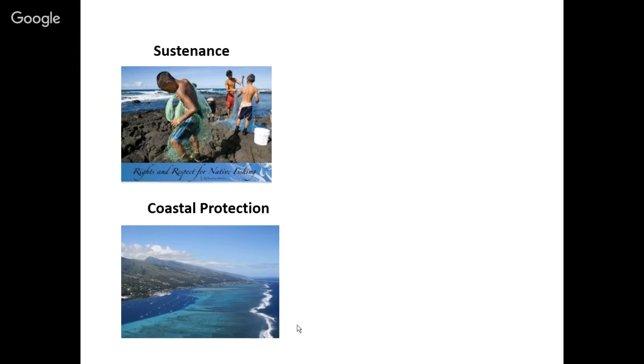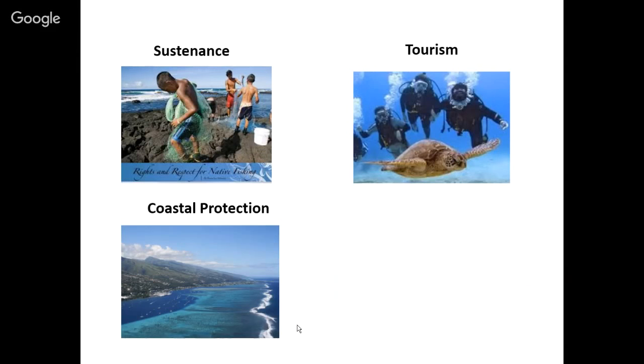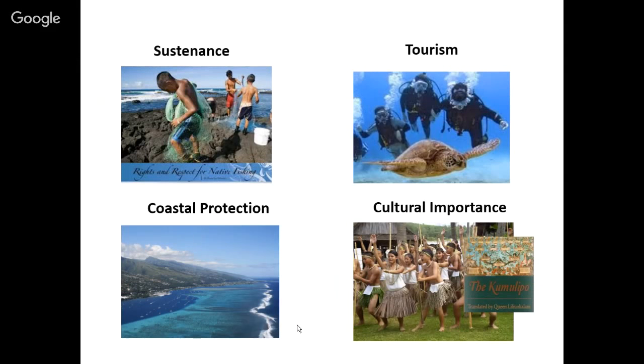If the reef starts to break down and there's no barrier, we're going to have many more problems on our coastlines with increased water and wave destruction from storms. They're huge for economic vitality and tourism. They bring a lot of money into a number of states and countries, and they also have major cultural importance.